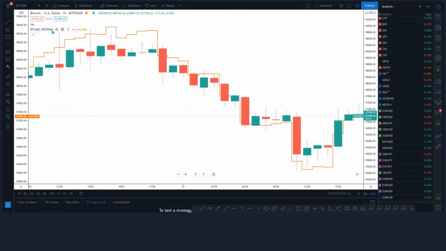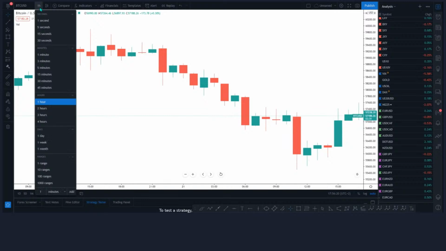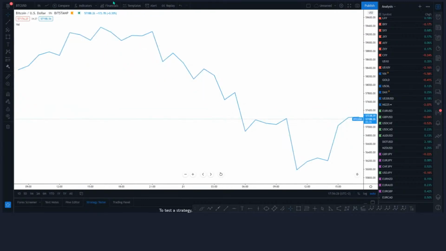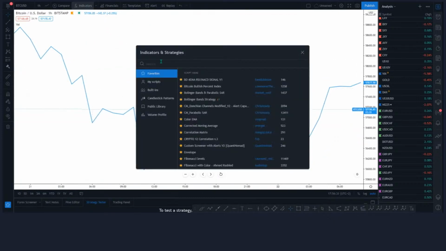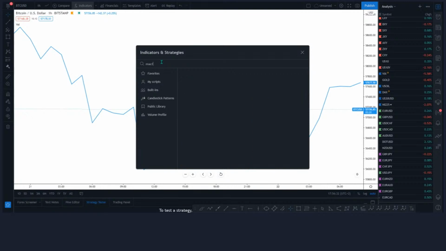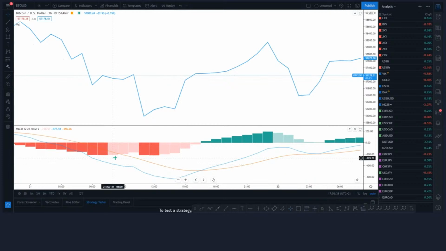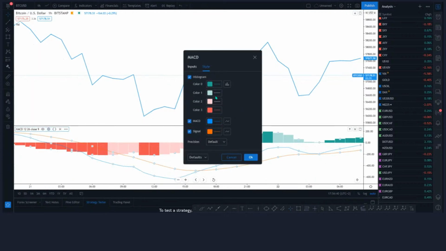Okay, so basically that's the line chart right here. In the indicators, so let's say we use the MACD. Any MACD you're possibly going to use is going to be a line chart. See right here, you can use it as a histogram or something, right? Instead of showing this as a line, it could be shown as different things.